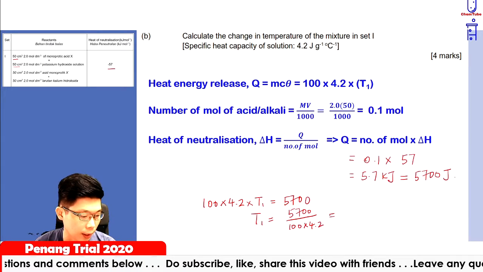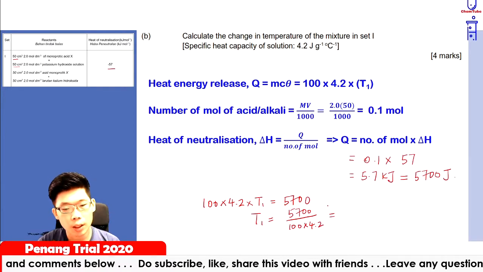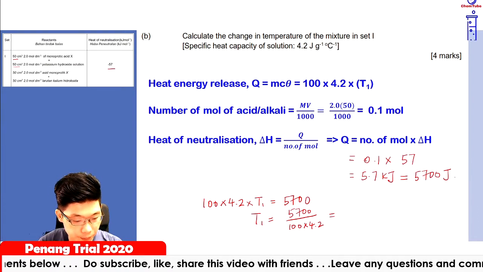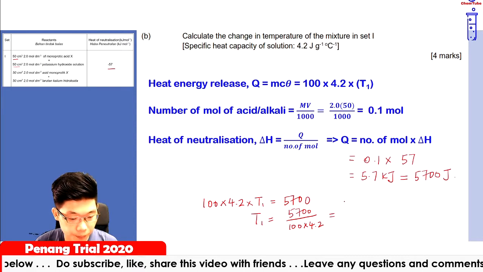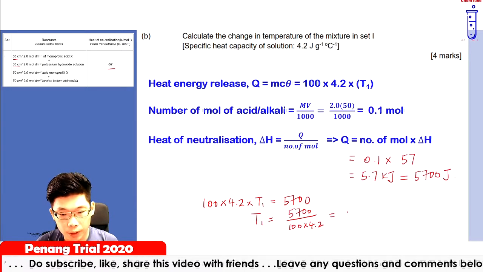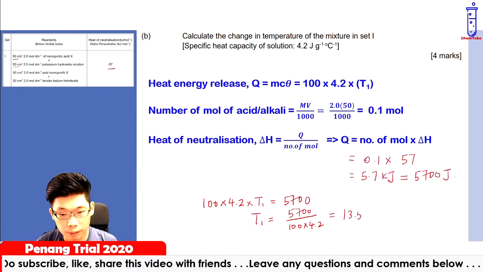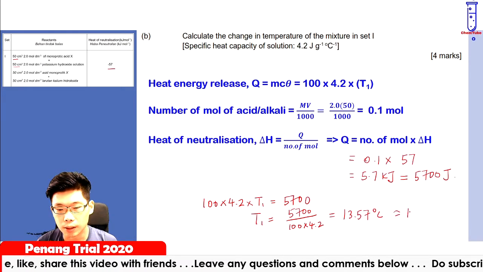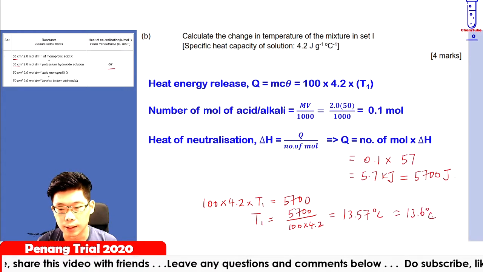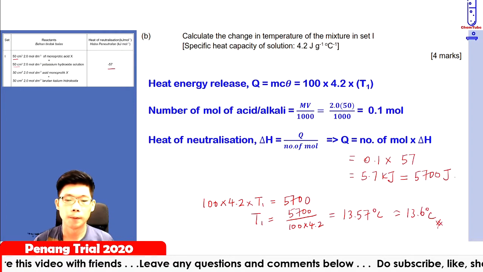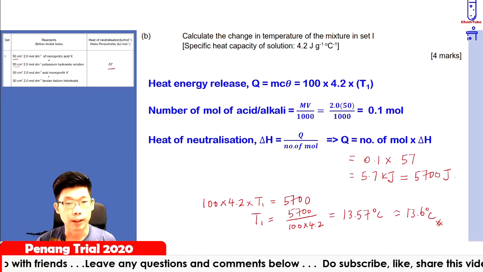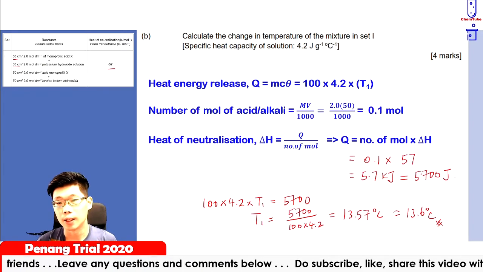Use your calculator. You will get 13.57 degrees Celsius, or you can round to 13.6 degrees Celsius. So this is how we do the calculation for the heat of reaction.